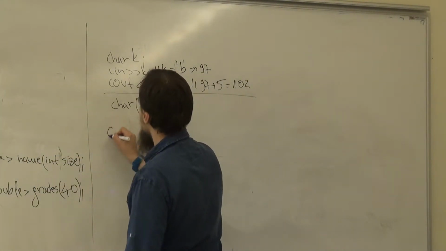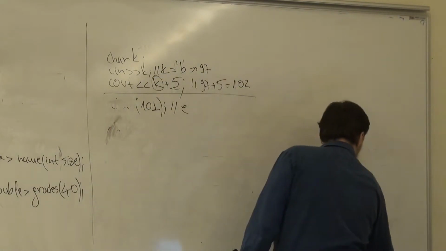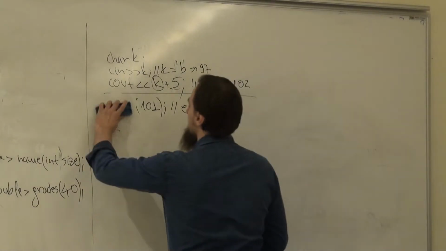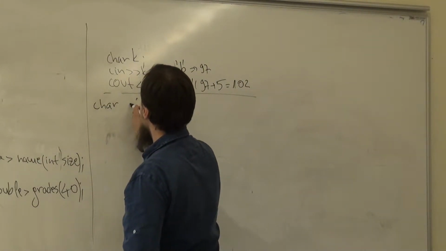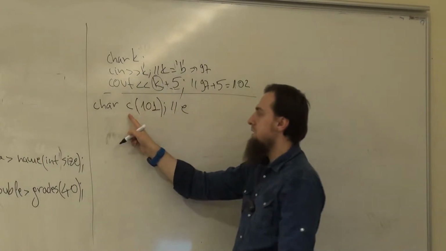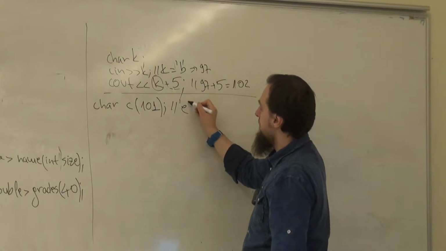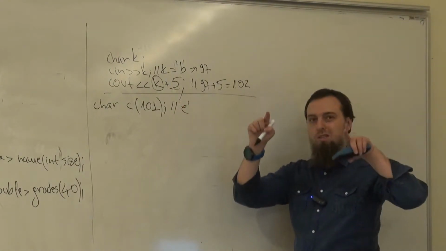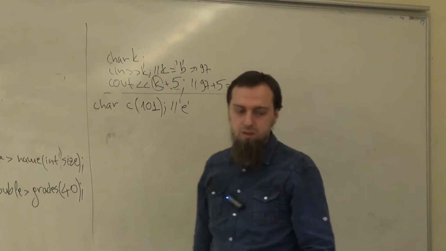Basically, better put, I can say something like this. Character, let's say the name of the character is C, 101, and it's E. And always remember, characters are in single quotation marks, and strings are in double quotation marks. Otherwise, you will get mistakes.